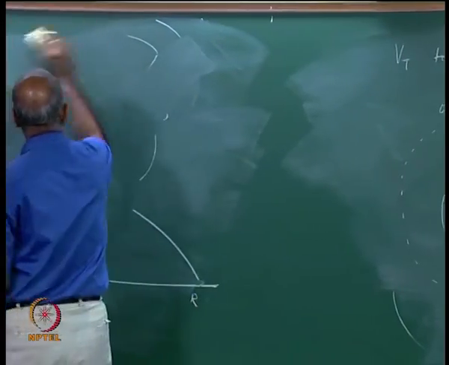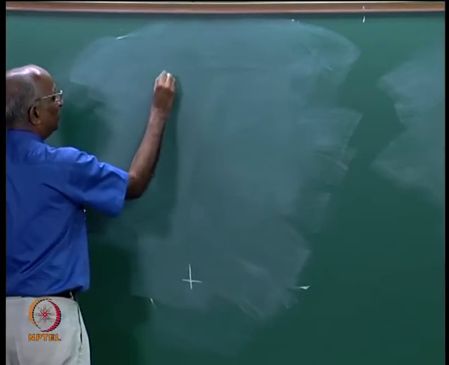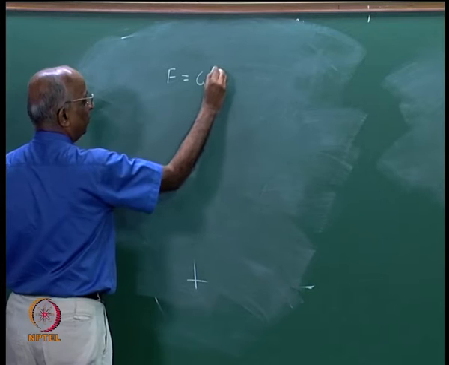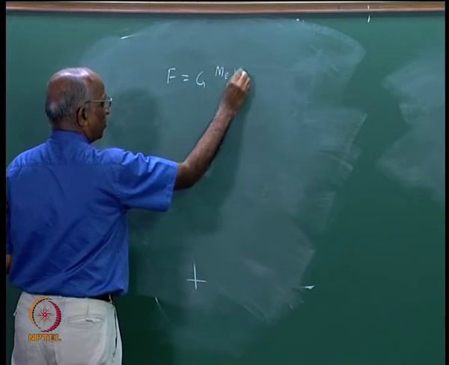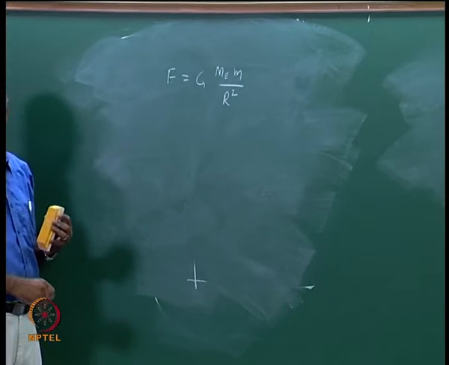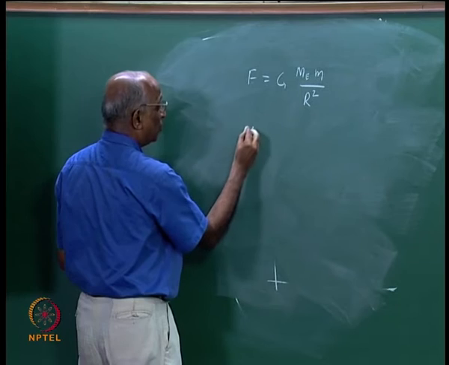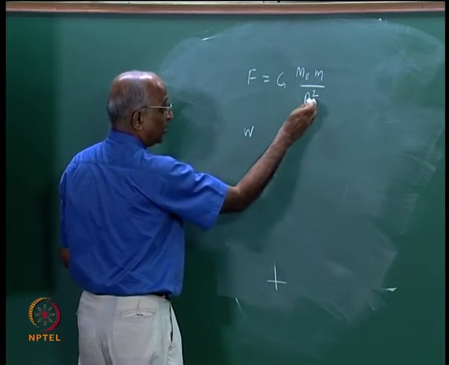Therefore, let us put it together. We find that the force is equal to G, mass of the earth, mass of the body, divided by r square at any radius. What is the work done when it moves through a distance, let us say dr?